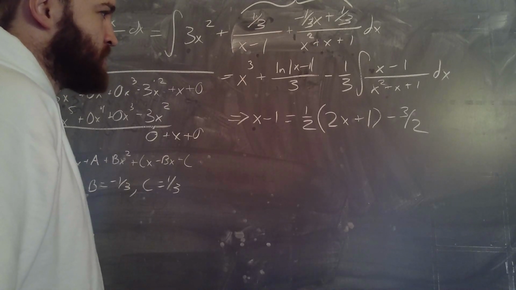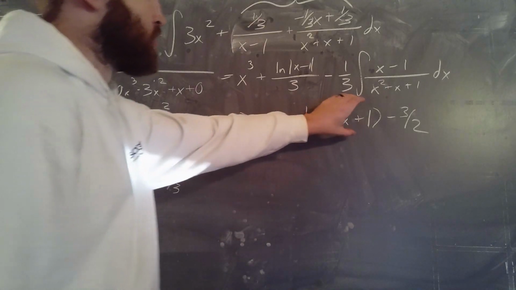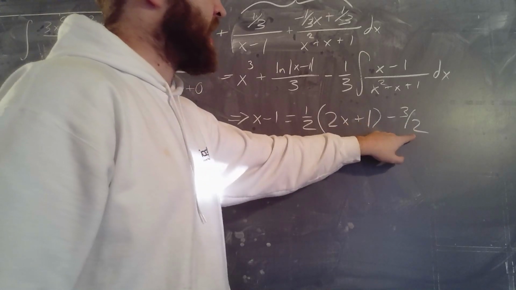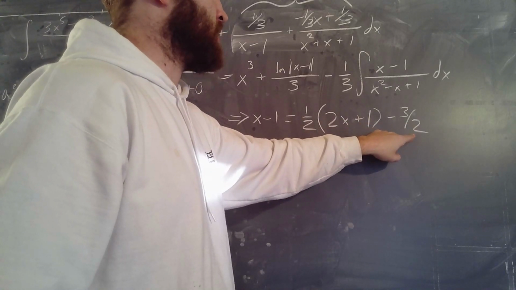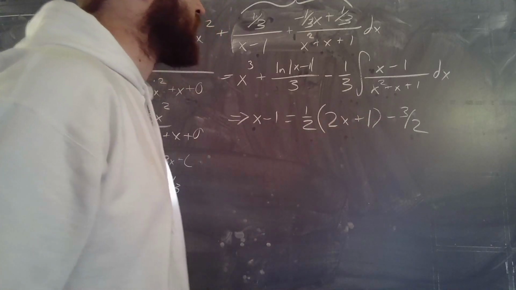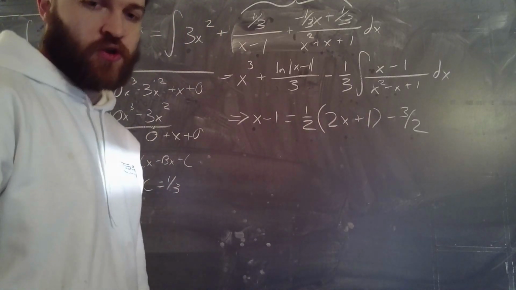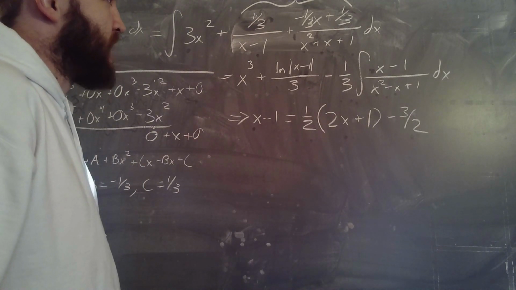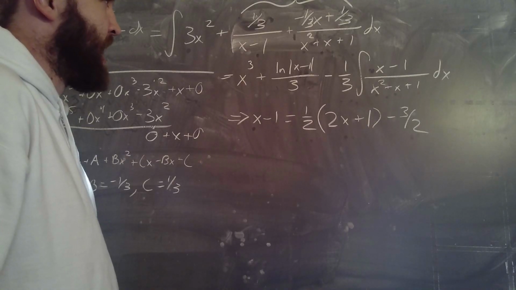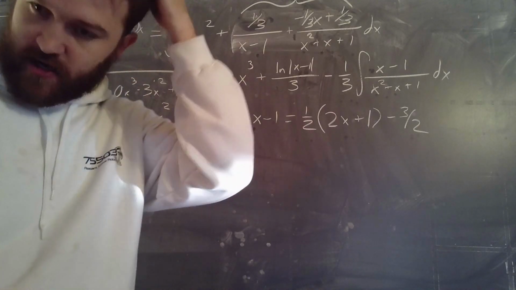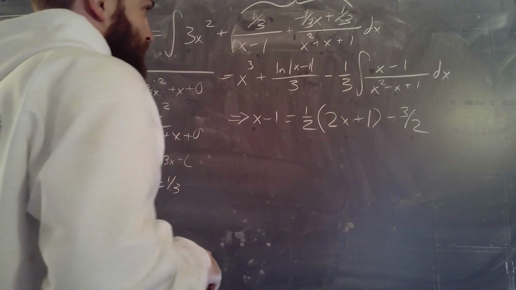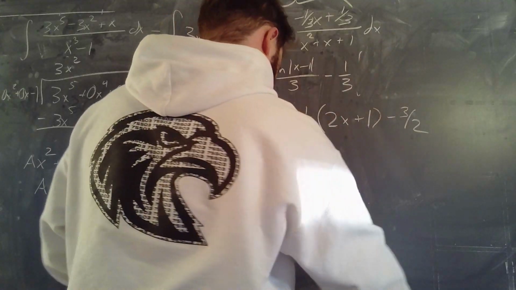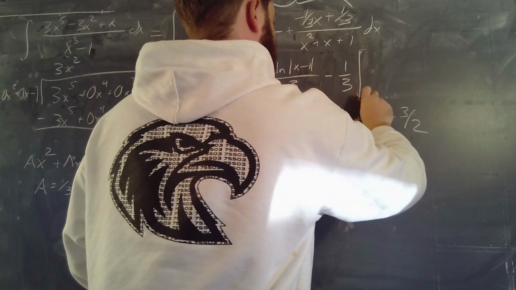But that's really nice because we notice that we have the precise derivative of x squared plus x plus 1 right here. And then I have this extra little thing added on to the end. But notice since the denominators of these two fractions are the same, that means that we can create the same type of fraction and just split this in half. So I think what we want to do here is to take this x minus 1 business, right, this is 1/3.